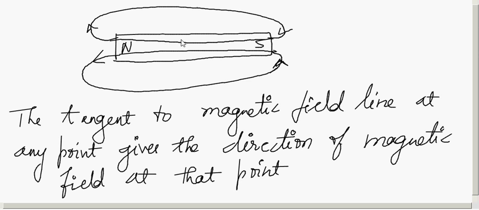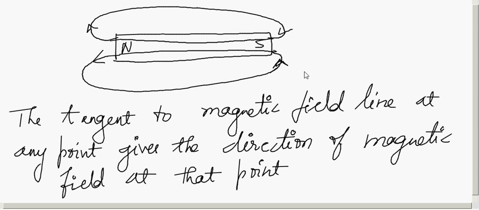Another important thing is, no two magnetic field lines ever intersect each other, because if they intersect, we will get two tangents pointing in two different directions.